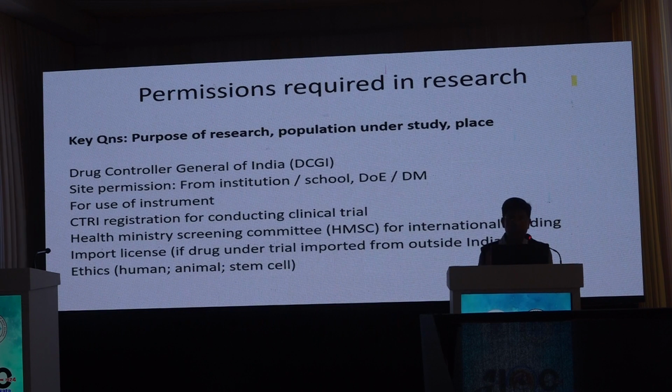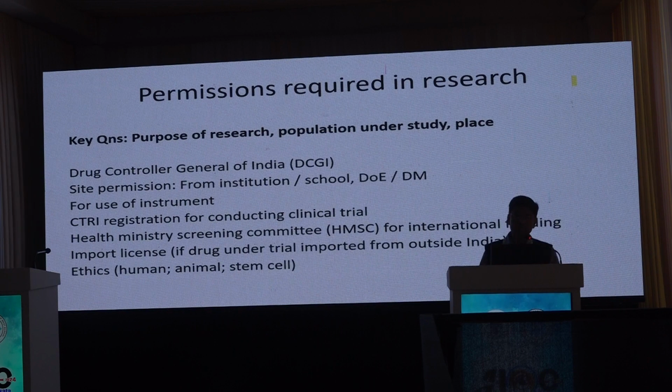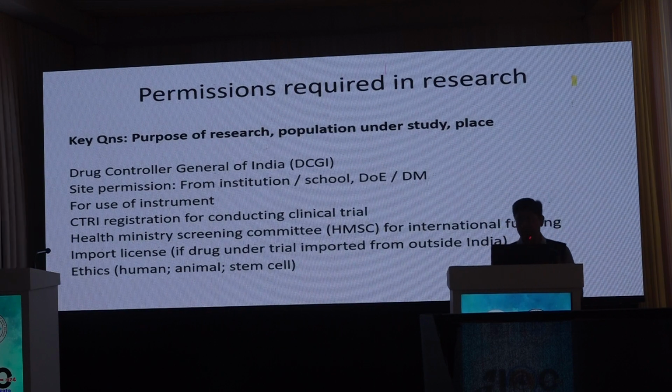So the first and the most important group is the DCGI, the CDSCO. CDSCO is the name of the building, the place, and the website, which is the licensing authority.